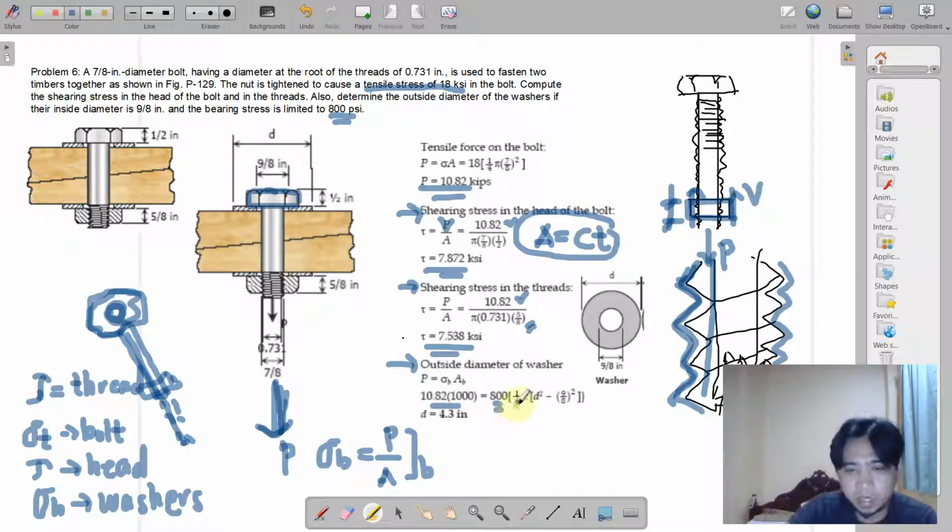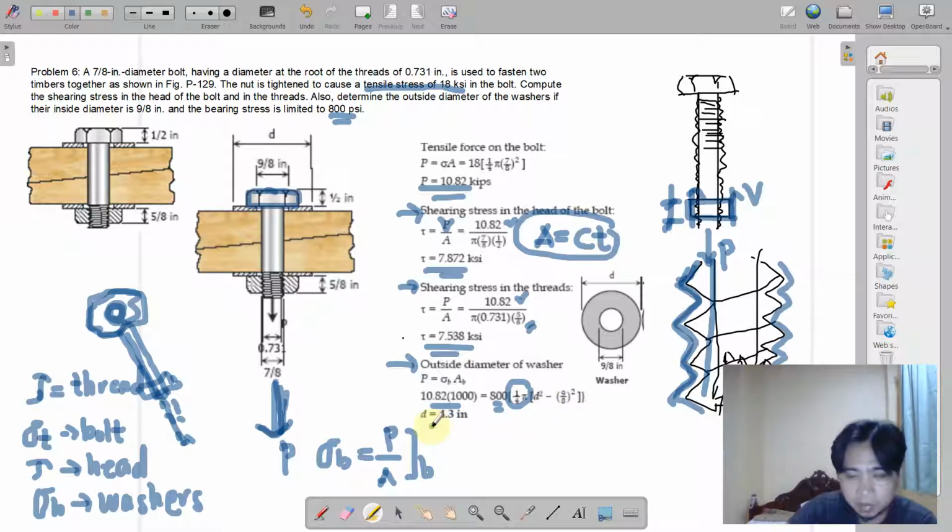As for the bearing area, this is the area of the larger circle less the area of the smaller one. That is why we have pi over 4 times d squared, and then this was factored out as a common factor, and then we deduct the inner and the outer diameter.